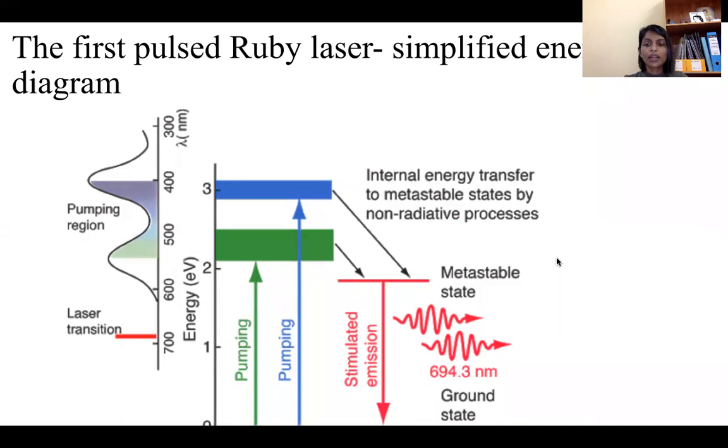Okay, I think you can't see the bottom line. There's the ground state at the bottom that you might not be able to see. So you can see this is the laser transition. So this blue and green region are absorbed by the ruby crystal, and then they jump into higher excited levels. So this is pumping, this is again pumping.